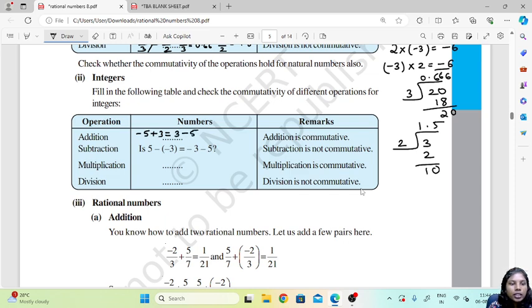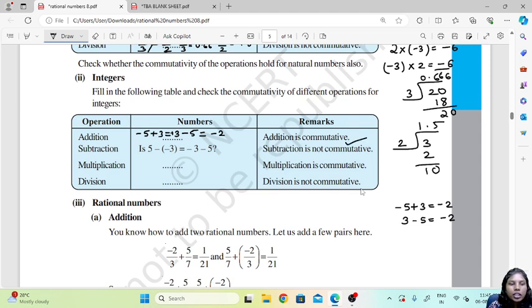Here the sign of 3 is plus 3, same as before, and the sign of 5 is minus 5. Minus 5 plus 3, the answer will be minus 2. Then 3 minus 5, again the answer will be minus 2. Therefore in both cases my answer is minus 2 itself, so addition is commutative.